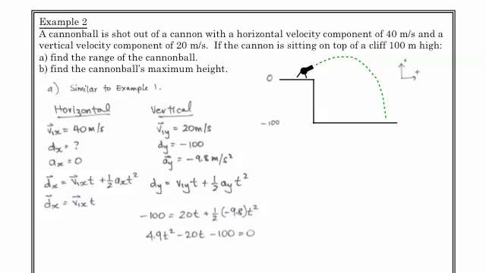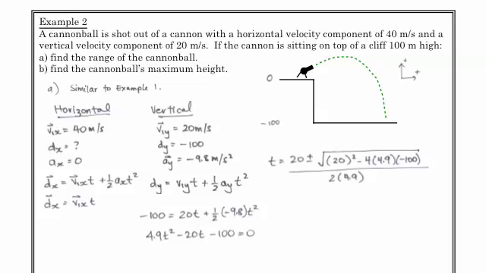So this has all been moved over to the one side, and of course this has the form of a quadratic equation. And we can solve the quadratic equation using our formula, negative b plus or minus the square root of b squared minus 4ac all divided by 2a.